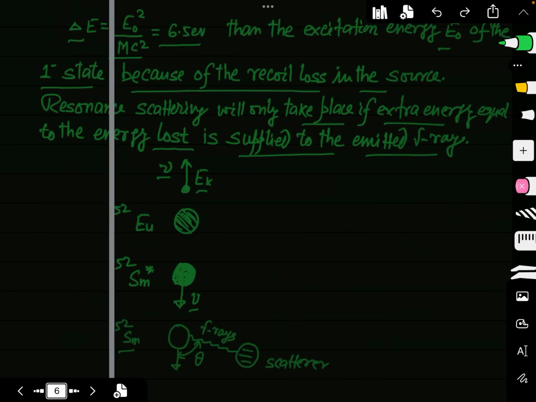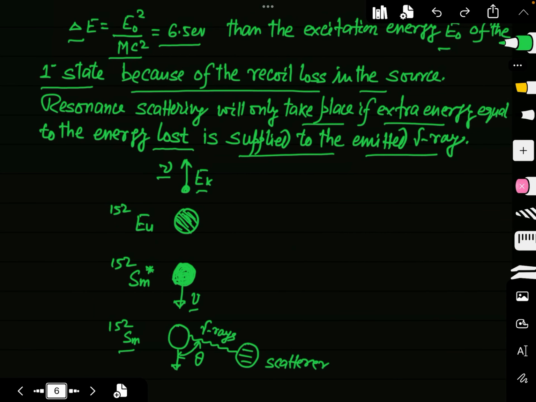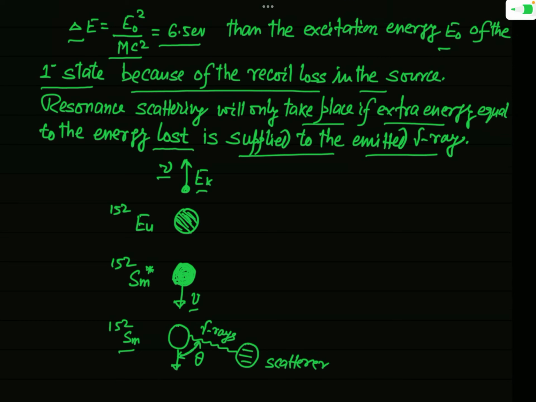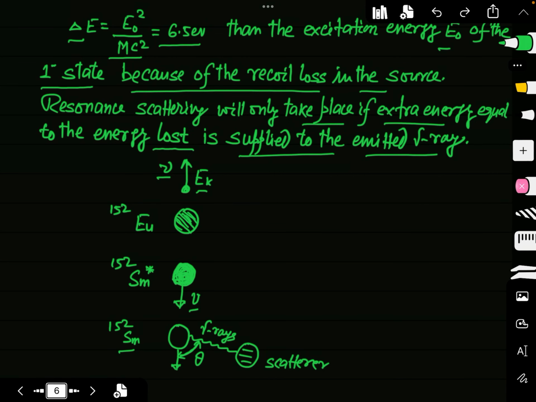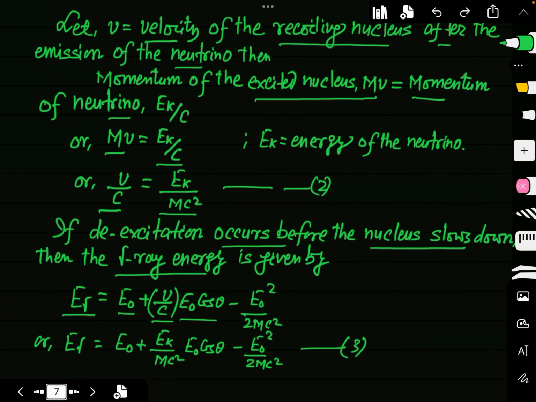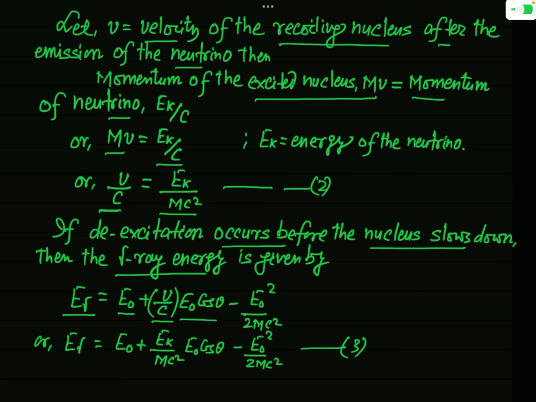And what is this theta? You can see from here, this theta is the angle between the direction of the motion of this gamma ray and that of the recoiling nucleus. So from energy conservation we have written that the energy of the gamma photon is equal to E naught plus v by c E naught cos theta minus E naught square by 2 mc square.